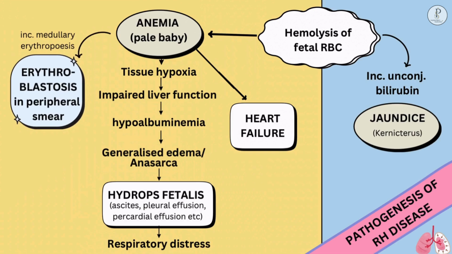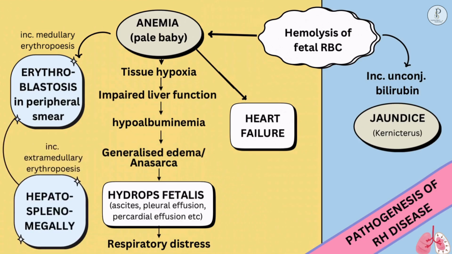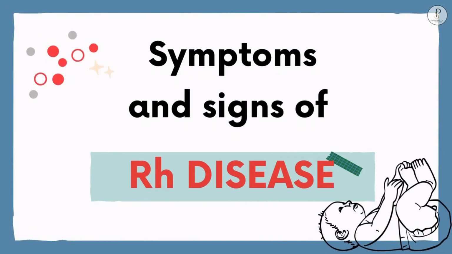Severe anemia also stimulates medullary erythropoiesis, which results in increasing erythroblasts in peripheral smear. Severe anemia also causes increase in extramedullary erythropoiesis, which manifests as hepatosplenomegaly. Symptoms and signs of Rh disease. Symptoms of Rh disease may vary from mild to fatal.